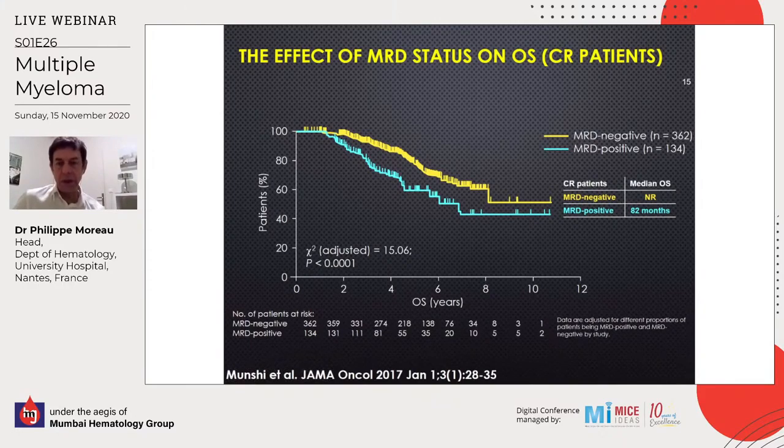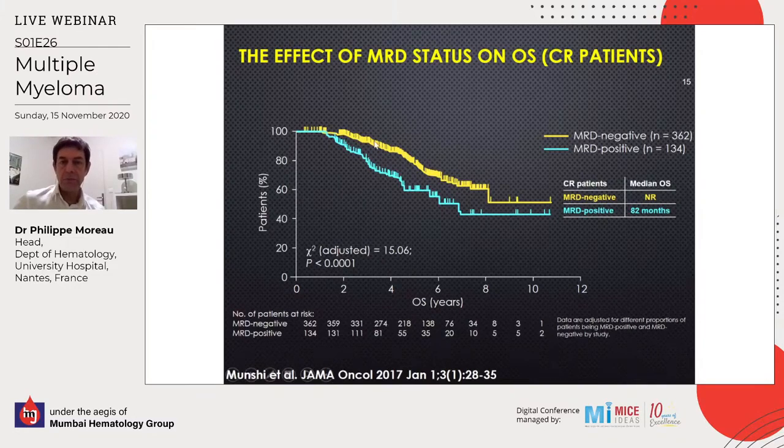Subsequently, MRD within the bone marrow was evaluated. But in this paper from 2017, the clinical trials were performed in 2013, 2014, 2015. The MRD assessment was mostly based on flow cytometry, for the majority 4 to 8 color flow, and the threshold was not 10 to the minus 4.